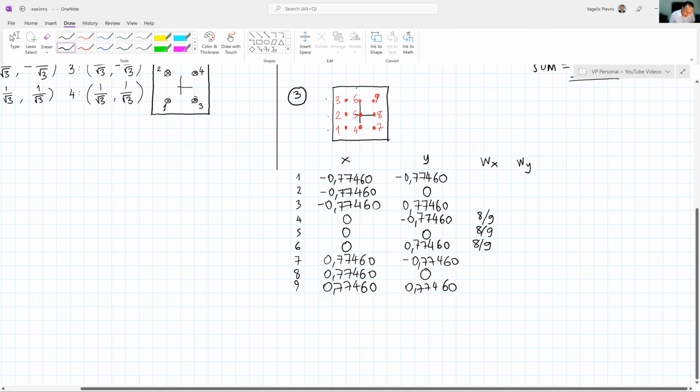And for all the others, it is 5/9. The same for y. Wherever I have 0, it is now 8/9. And wherever I have not 0, the other points, it is 5/9.